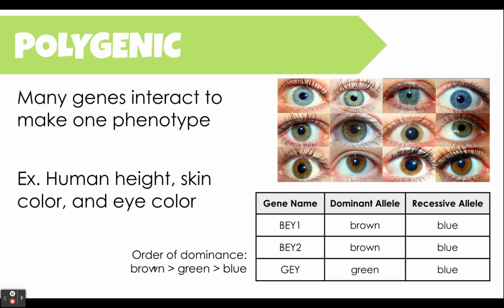And the order of dominance we typically see is brown is dominant over green, green is dominant over blue, which means brown is definitely dominant over blue. So this might mean you have one gene giving you brown as your phenotype, one gene giving you blue, and then the other gene giving you blue as well, which gives you kind of a bluish brown eye color. So you're blending all the different phenotypes together.